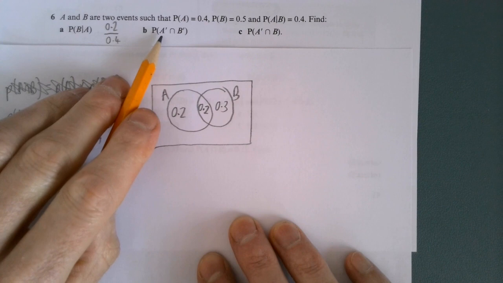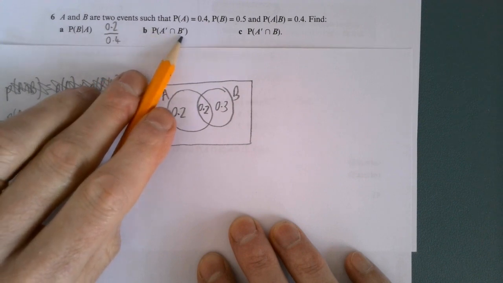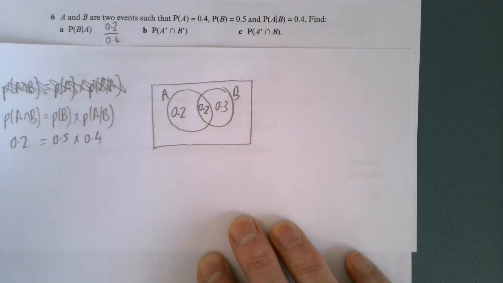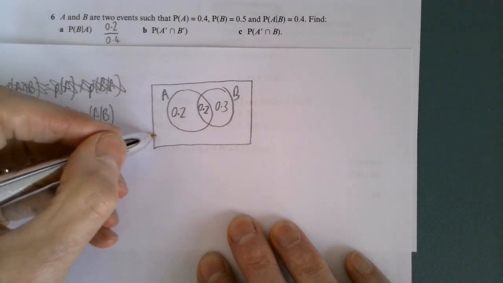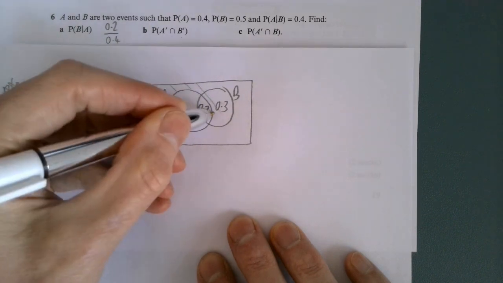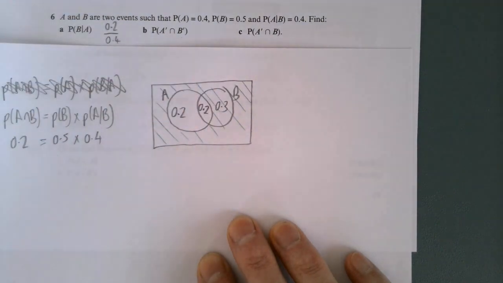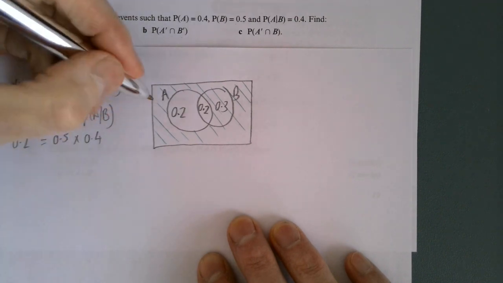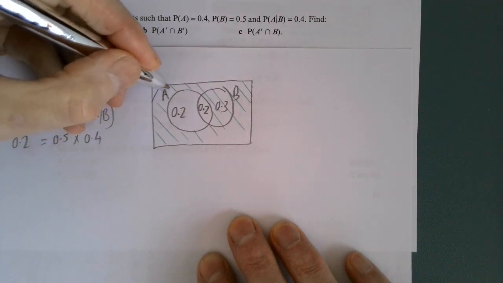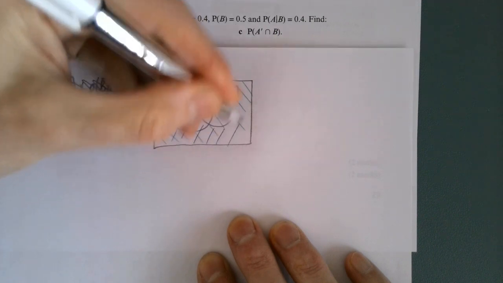Probability of A not happening, overlapping with B not happening. So where on the diagram will you find A not happening and B not happening? Both of them. So this is A not happening. And switching to blue, this is the probability of B not happening. And I'm looking for places where they're shaded both blue and green.